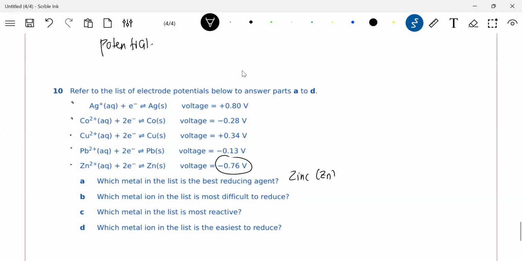Zn. Why? Because the best reducing agent has the most negative value.